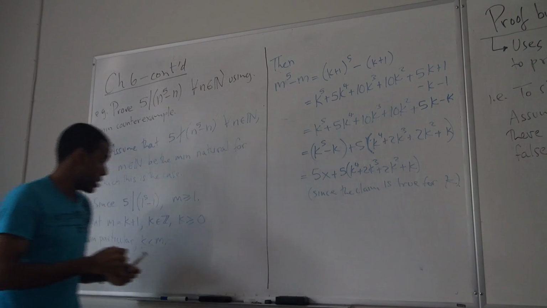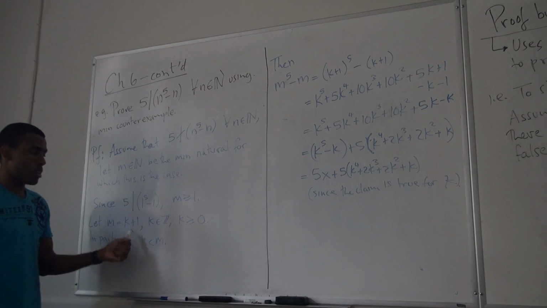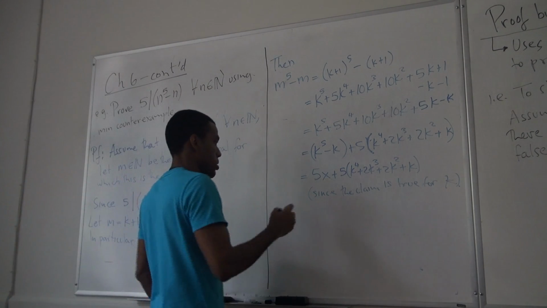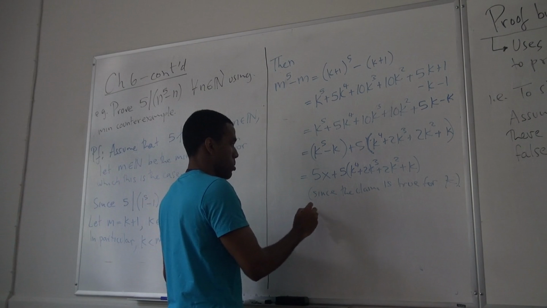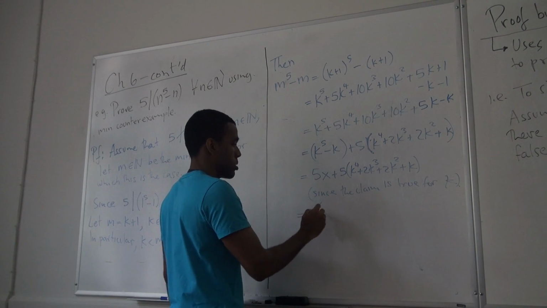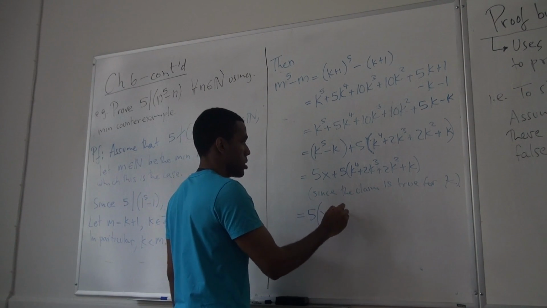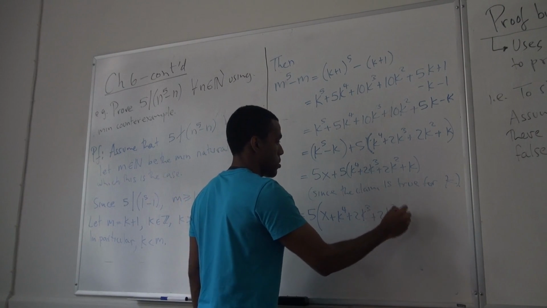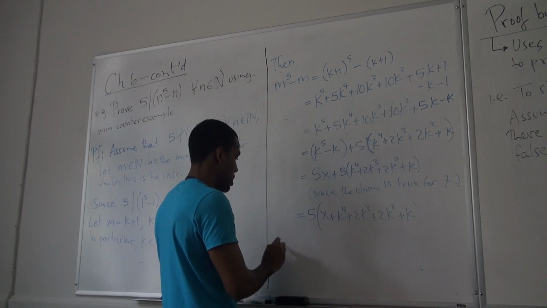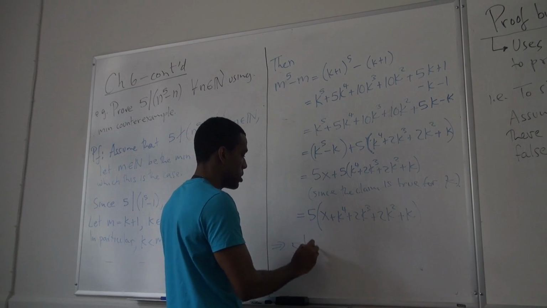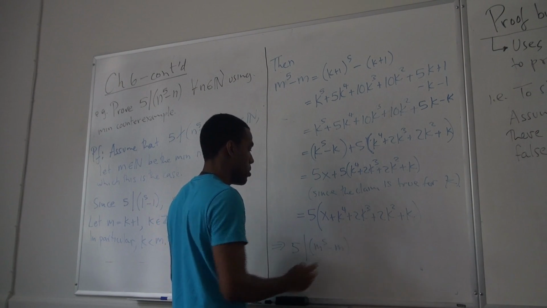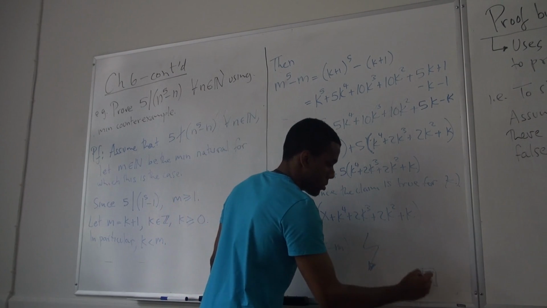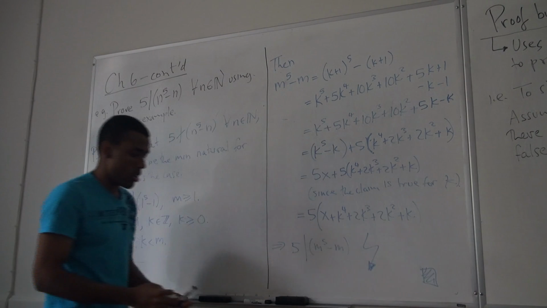The idea is m is the smallest guy for which it's false, but k is smaller than m, so it has to be true for k. Well then, that just gives us this guy. Which means 5 actually divides m to the 5th minus m. And we end up with a contradiction. So our assumption must have been in error.